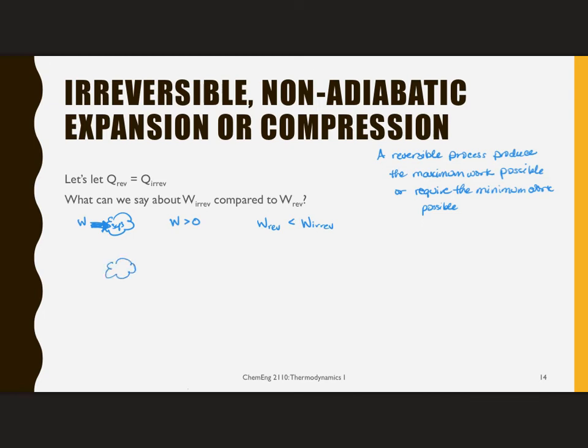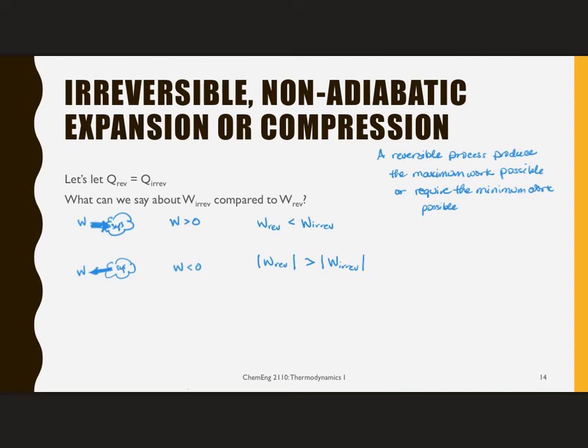If I flip and look at the other case where we are taking work out of the system, our work is negative and the reversible work in value is greater than the irreversible work in value, okay?